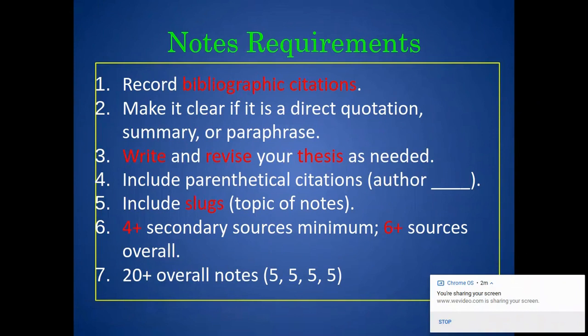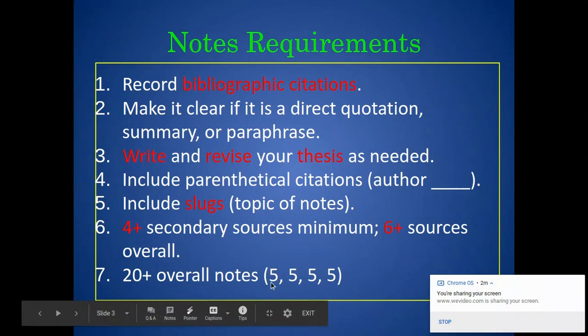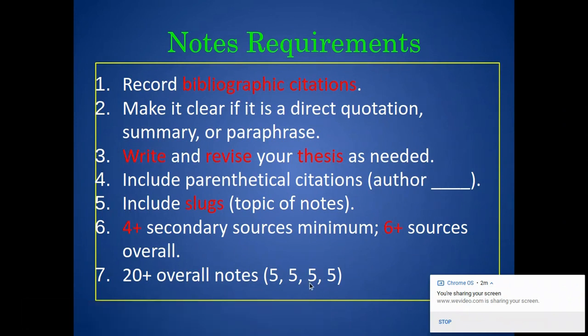When it comes to the notes requirements, we need to have 5 notes that are by critics about your first novel, 5 notes from critics about your second novel, and these should be from a variety of sources. Then, after you do that, you want to find 5 notes from your first novel, just direct quotes from the book, paraphrases from the book, summaries, and 5 from the second novel.